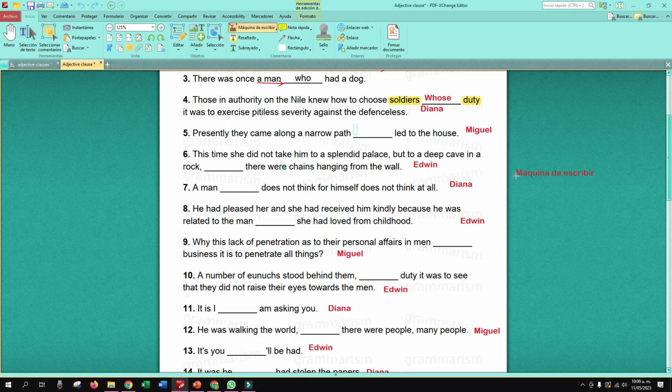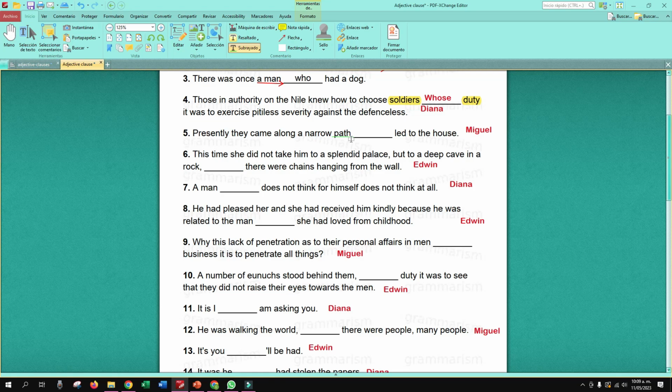Recently, they can allow pets who rent to the house. Okay. You say who, right? But if you notice here, they came along a narrow path, right? So you're talking about that. That is a place or a thing, right?